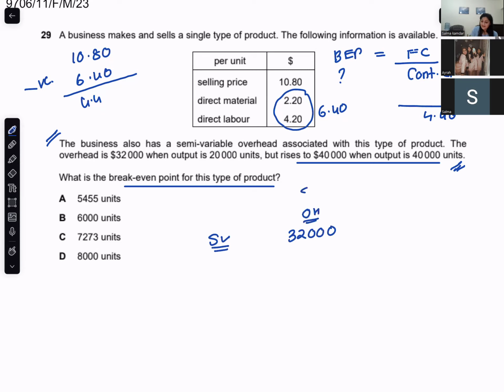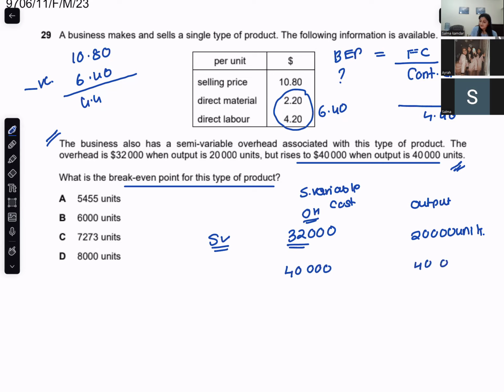But overhead is semi-variable, right? So this is the semi-variable cost. It rises to $40,000 when output is 40,000 units.